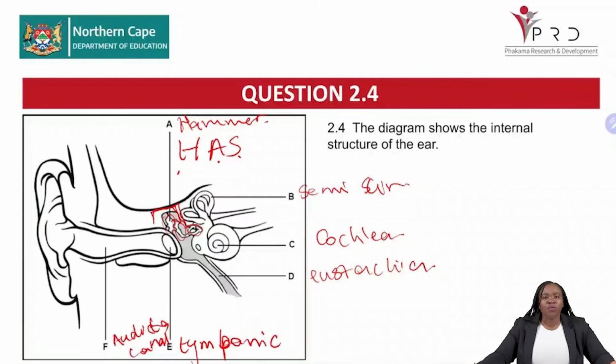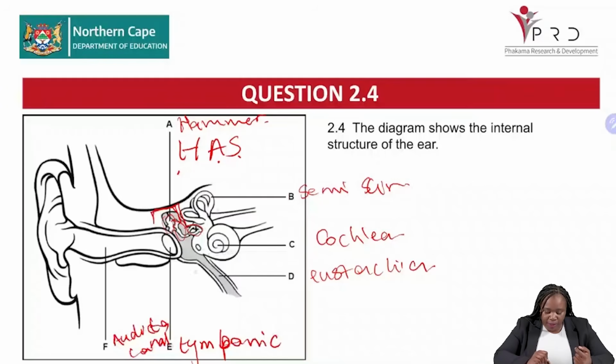Right, now when we get to the questions, you already have the parts. You already know what the parts do, right? You know that the hammer has to vibrate as the tympanic membrane vibrates. This causes the anvil and the stirrup to vibrate, causing vibration of the oval window into the inner ear. Semicircular canals, you know that those are involved in your balance and your hearing.